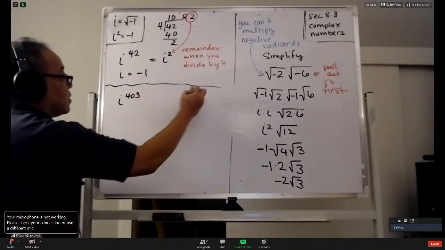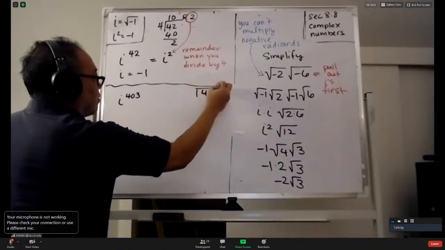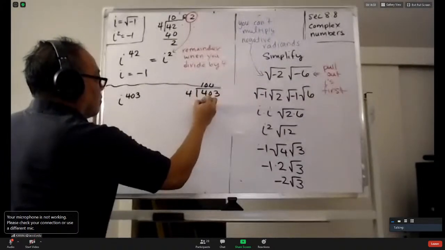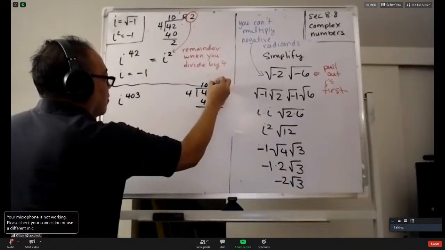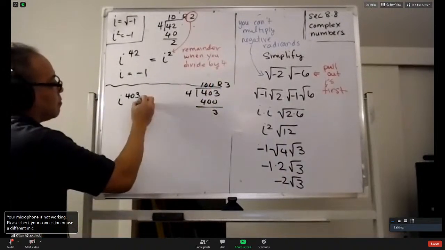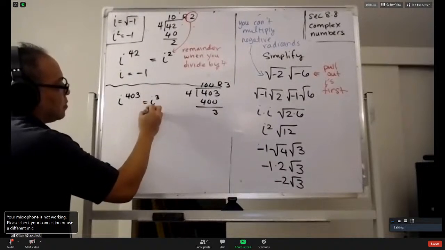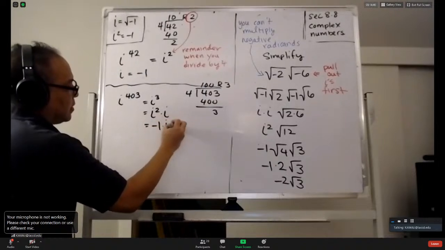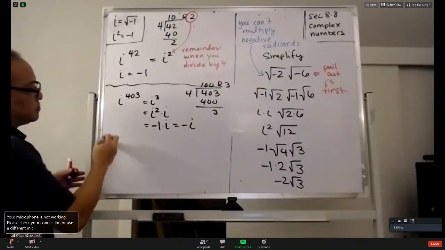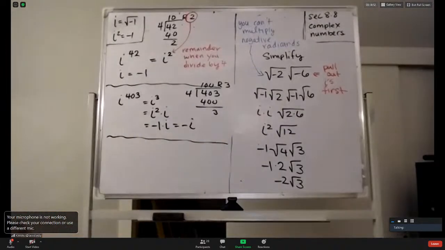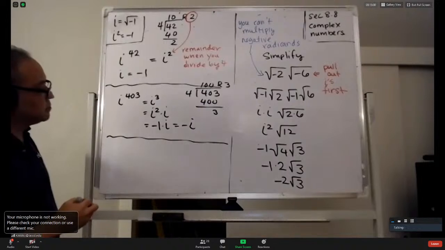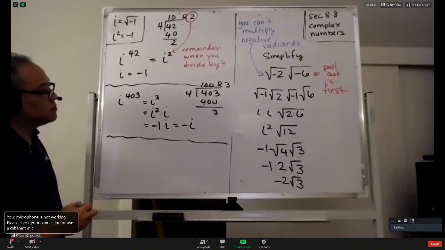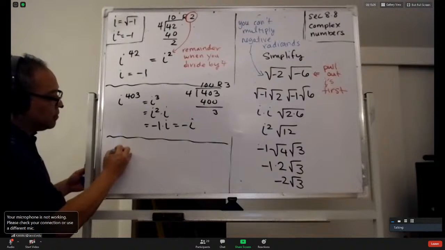So this is equal to i squared times i is equal to -1 times i is equal to -i. Okay, we'll do one last one.